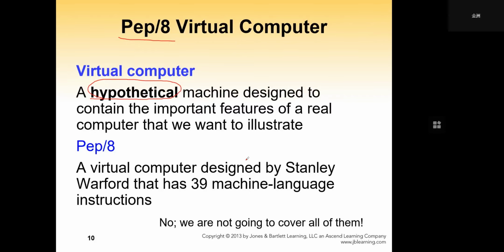to learn about these instructions and the machine language, which is designed to contain all these important features. The PIP-8 virtual machine is a virtual computer designed by Stanley Wofford, and it has 39 machine language instructions.